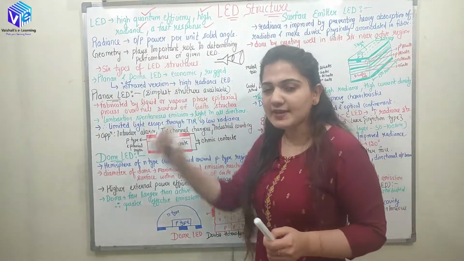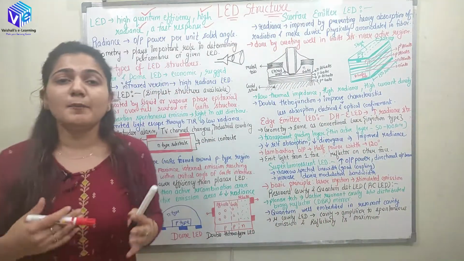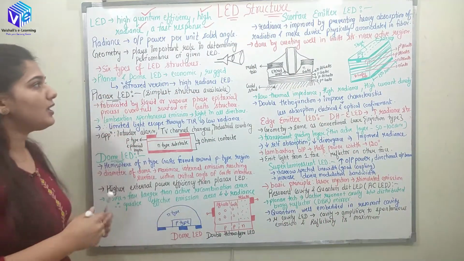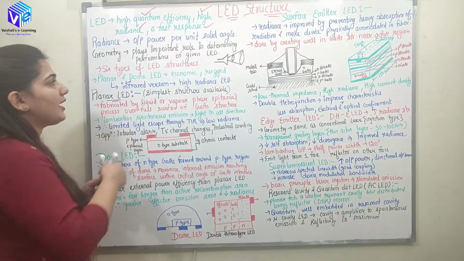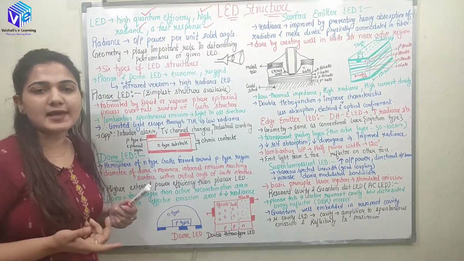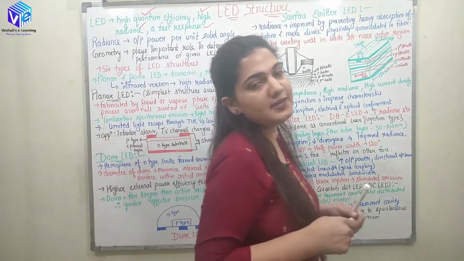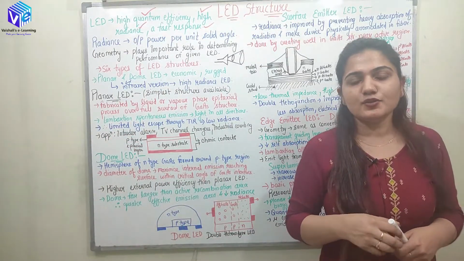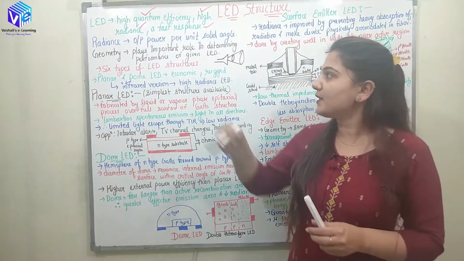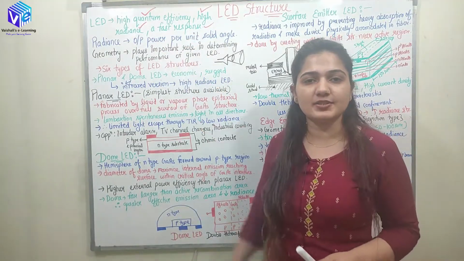Now the geometry or the structure plays a very crucial role in determining the performance of the given LED. So different structures will have different performances. How am I measuring the performance? Based upon these three parameters.